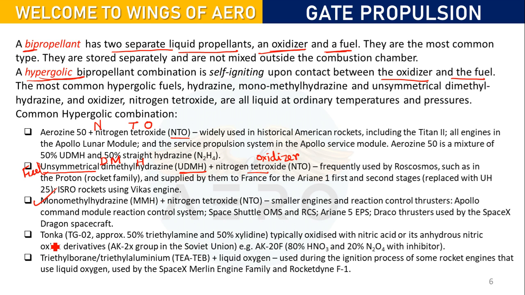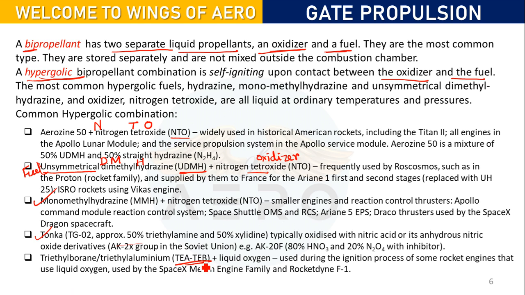Then we have another one called Tonka. One of the questions they have asked is what Tonka represents. Tonka is another type of hypergolic bipropellant.